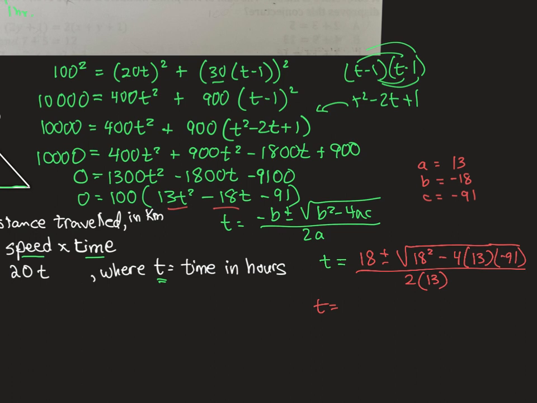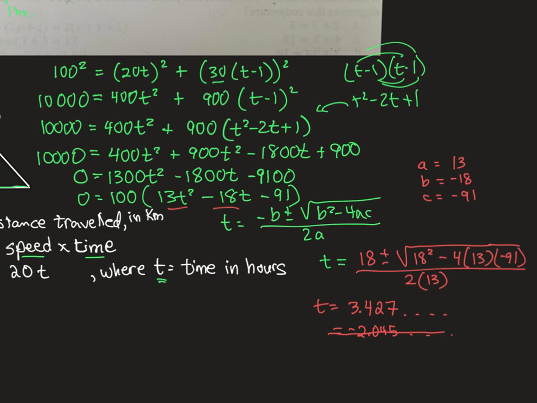All right, let me throw that in the calculator, and we'll see what we get. When I put in the plus 18 plus the root, I'm getting 3.427. It keeps going forever. And when I put in the negative 18 minus the root, I get negative 2.0425, and so on. Now, time in this situation can't be negative, so we're ruling out that second answer.